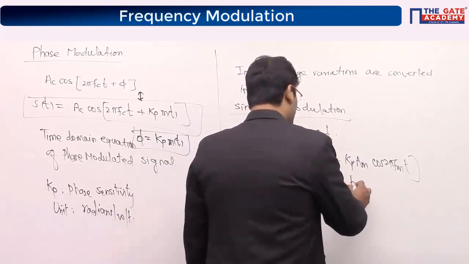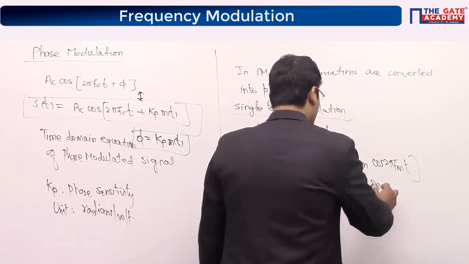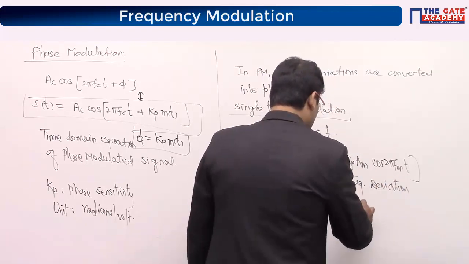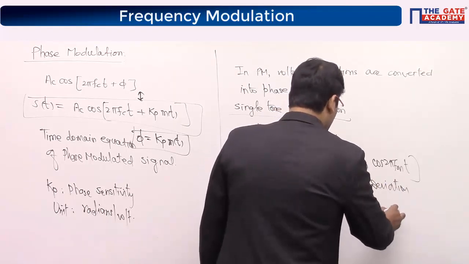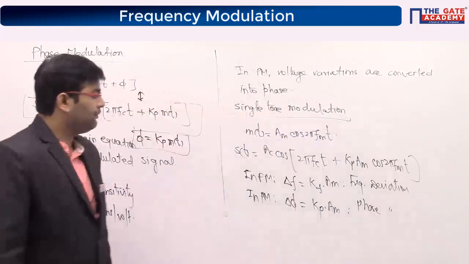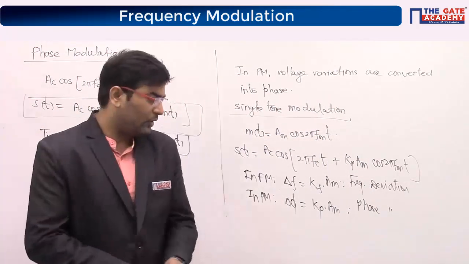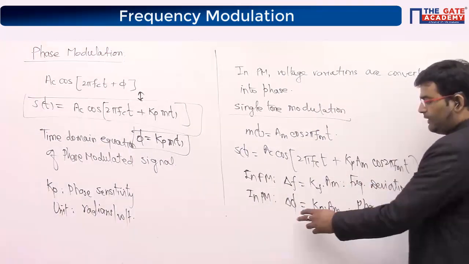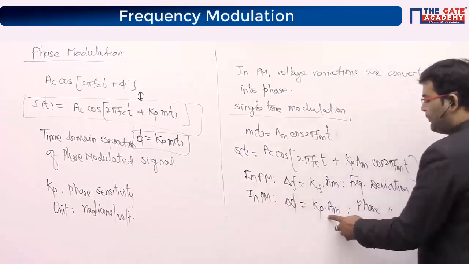This was known as frequency deviation, and this is known as, guys, phase deviation. Clear? So delta phi is equal to Kp into Am.